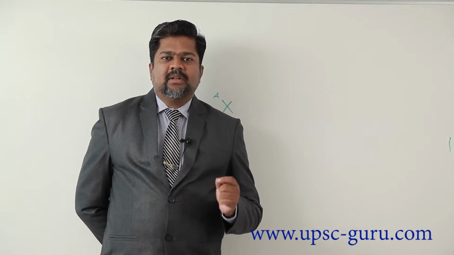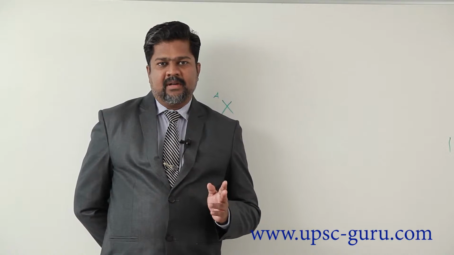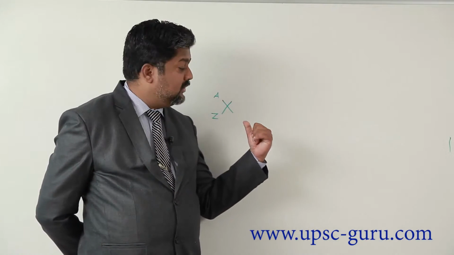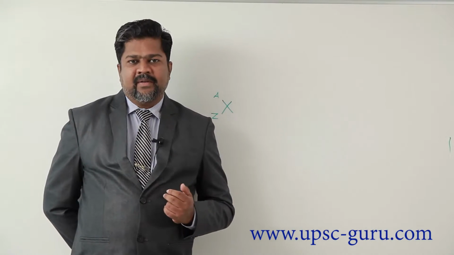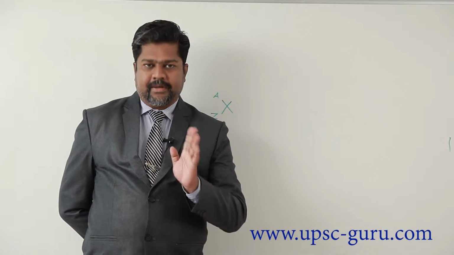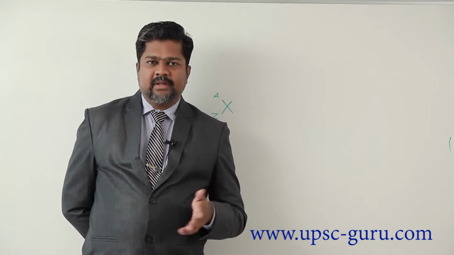It says all chemical properties of an element are periodic functions of their atomic number, whereas the old law given by Mendeleev was saying it was a periodic function of atomic weight.